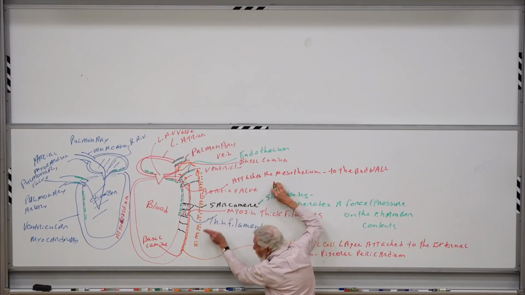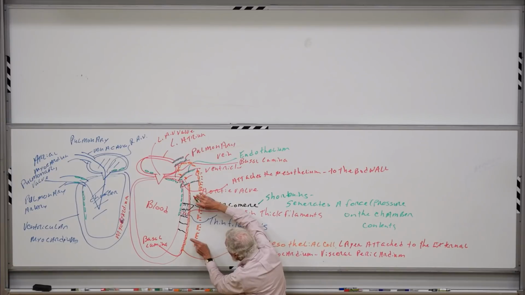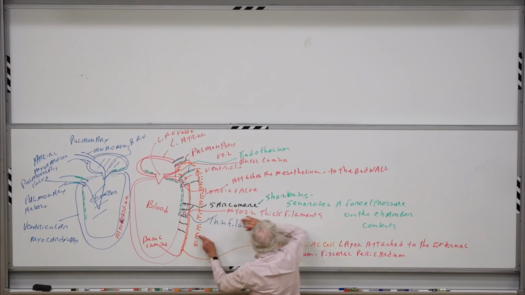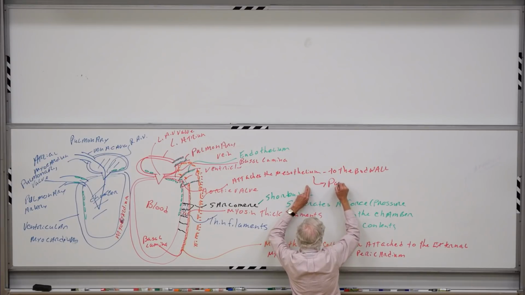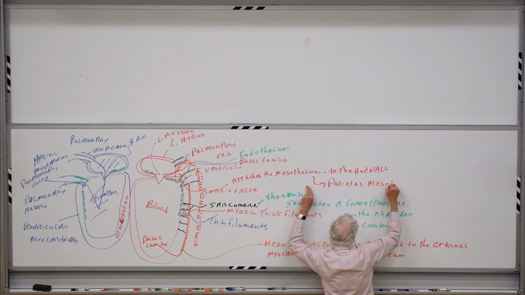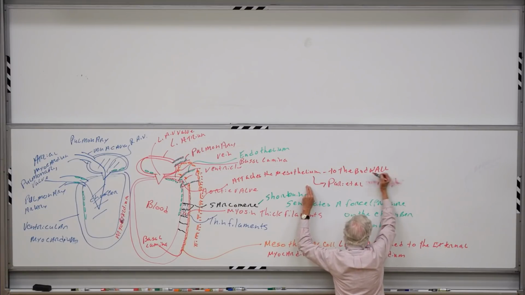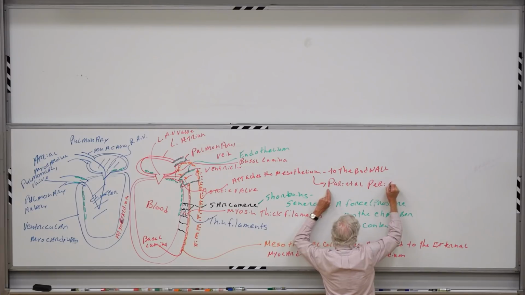This layer of mesothelial cells attaching the pericardium to the wall of the body is said to be the parietal mesothelium. Well, more accurately, it's called the parietal pericardium.